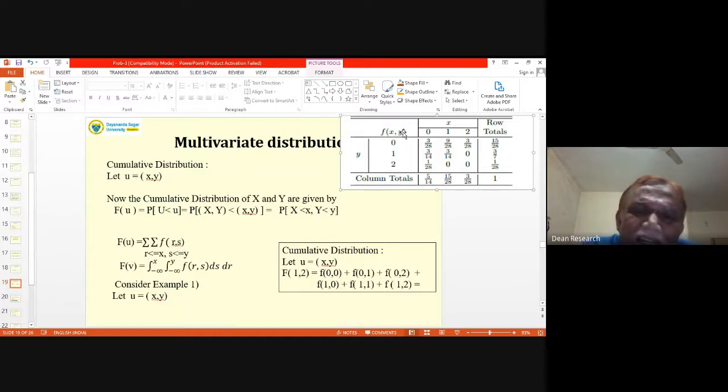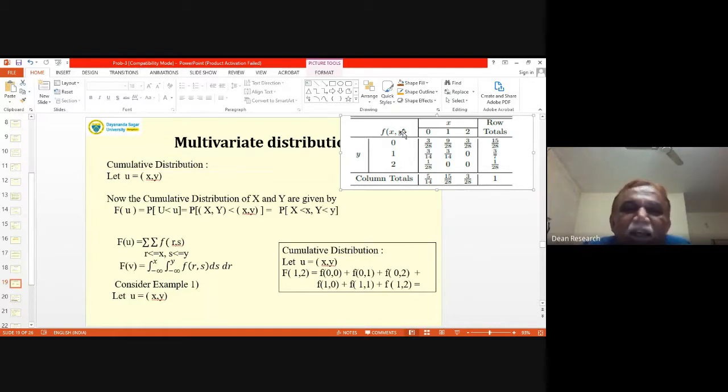It is basically the pair of random variables x and y, their values being less than the pair x comma y, meaning capital X is less than x, capital Y is less than y. Which is nothing but the probability that capital X is less than x, comma capital Y is less than y. That's the definition here.